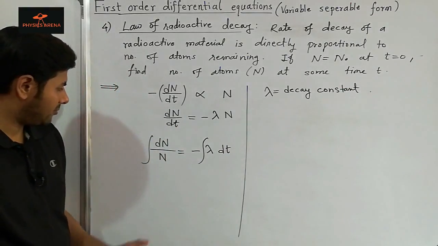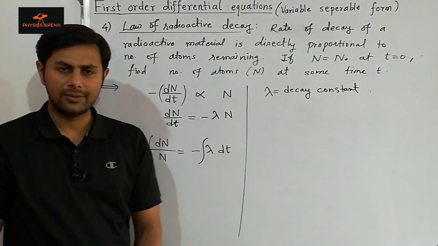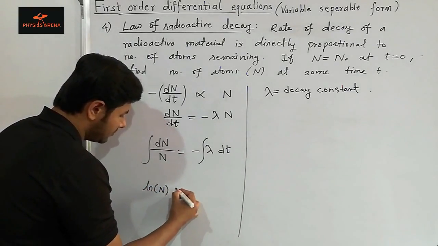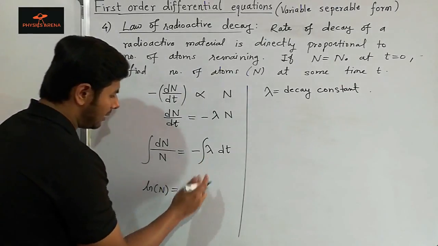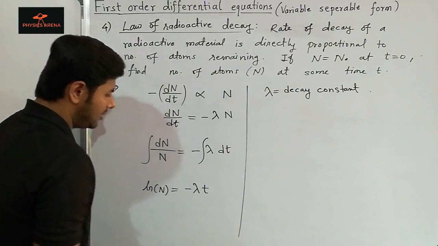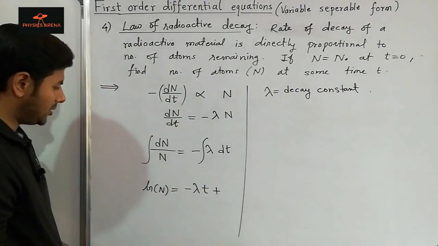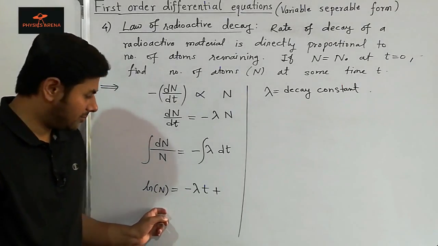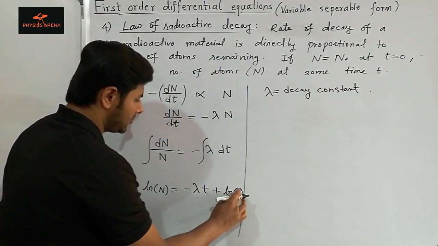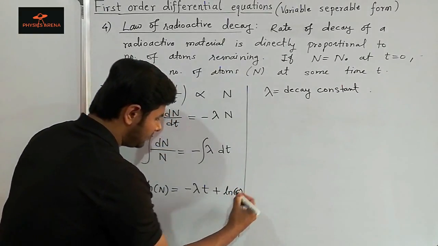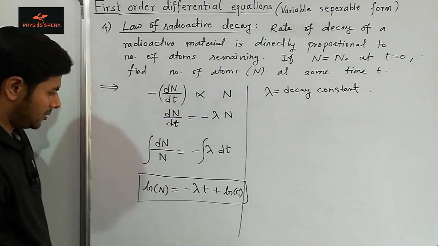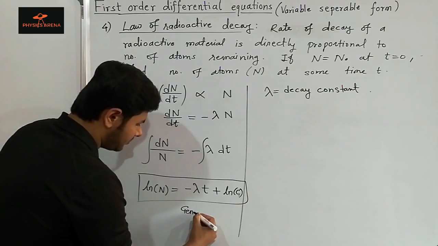So on LHS we have 1 over N dN, and the integral of that will be natural log of N. So it will be equal to, lambda is a constant, let's take it out, integral of dt is t, and plus we'll have some constant. Now because the logarithm is involved, let us write this as ln of c. Okay, so this is ln of c. So this is the general solution.